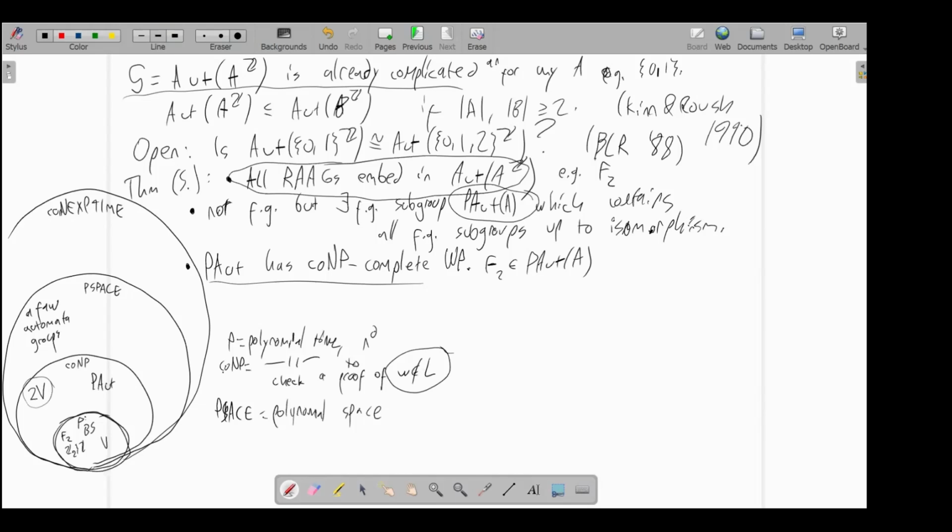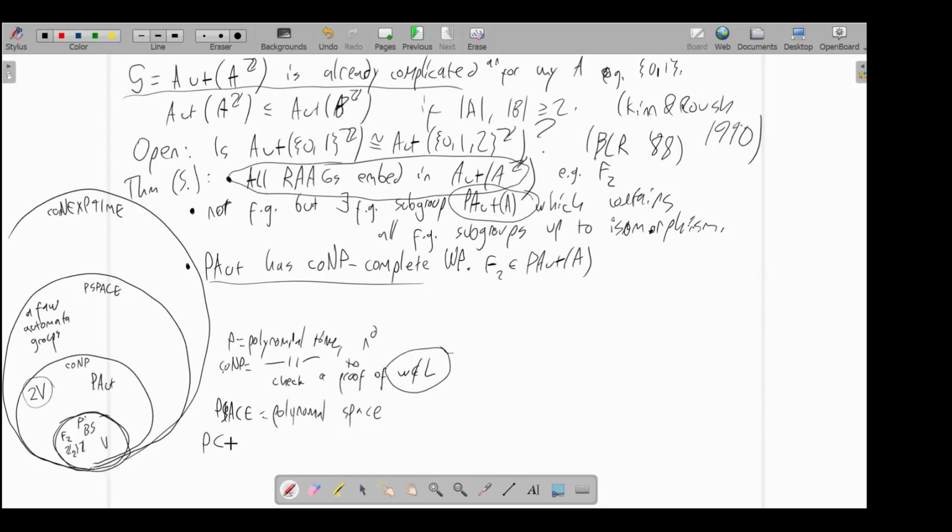Actually, by the way, this should be, no. Basically you don't have to know exactly what these are, but this is the definition: P-space is the problems where you need polynomial space to check them, and P is the ones where you need polynomial time to check them. And in polynomial time, you can use at most polynomial space, so therefore P is at most P-space.